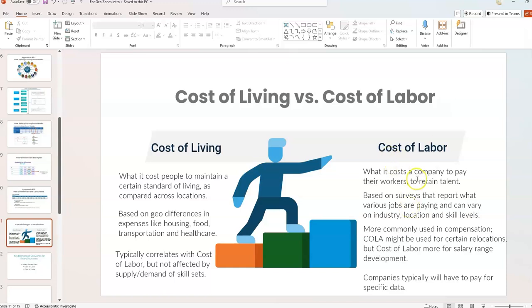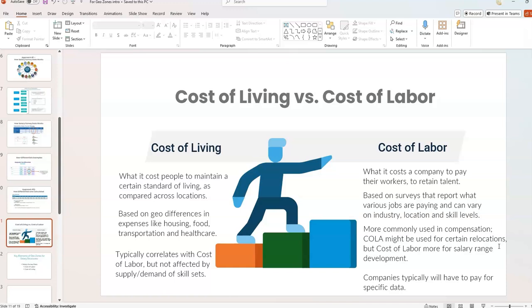The main difference is that I've talked about the cost of labor and the salary survey data, but cost of living is not based on salary surveys. It's based on an analysis of what it takes to purchase certain items across different locations.